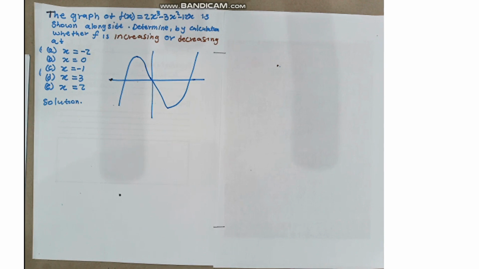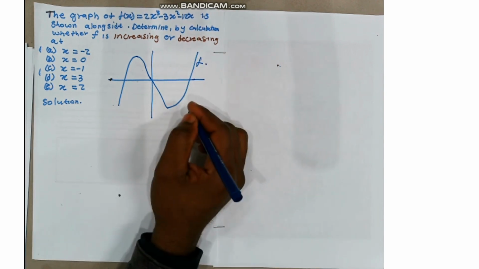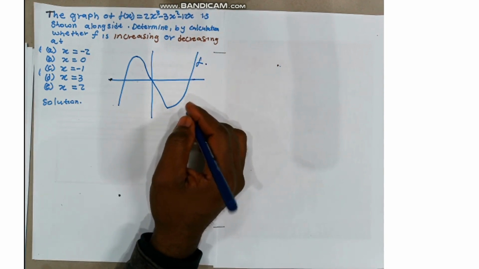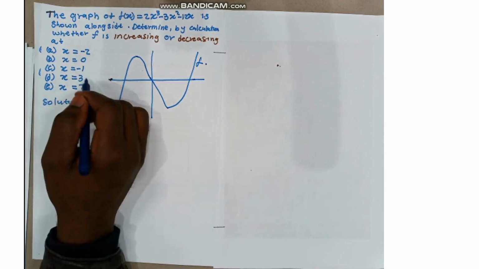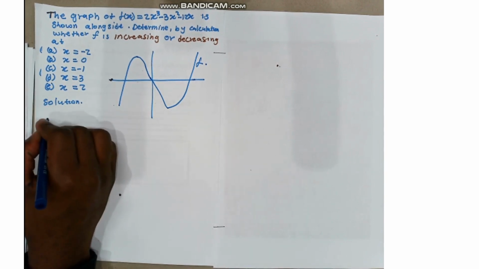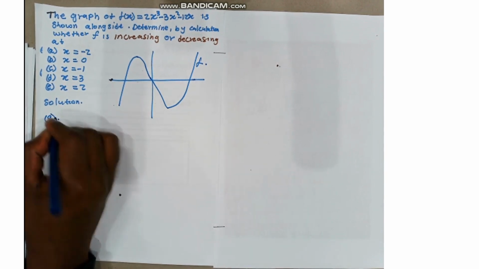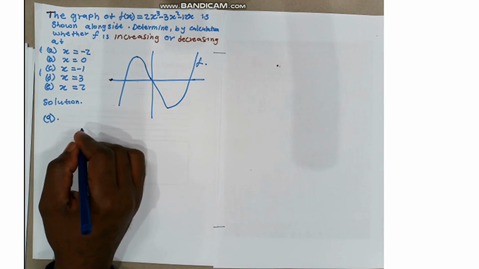The graph of 2x cubed minus 3x squared minus 12x is shown alongside. Determine by calculating whether f, which is this function, is increasing or decreasing at those particular points that they gave us here. Let's find the solution at the point where x is equal to -2.